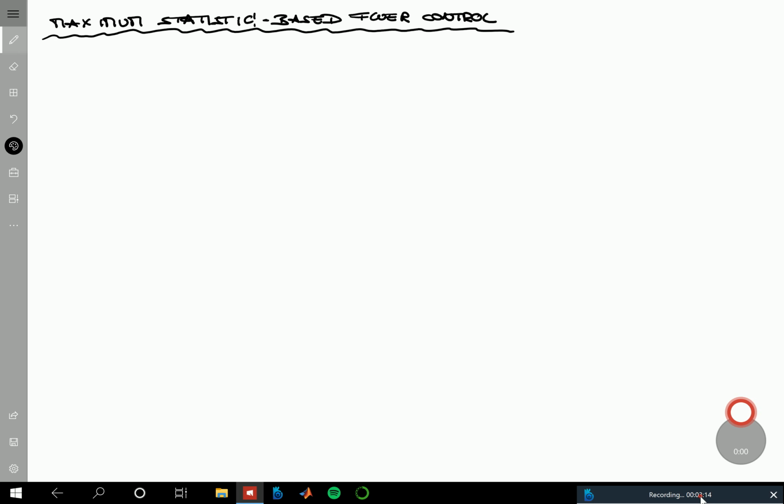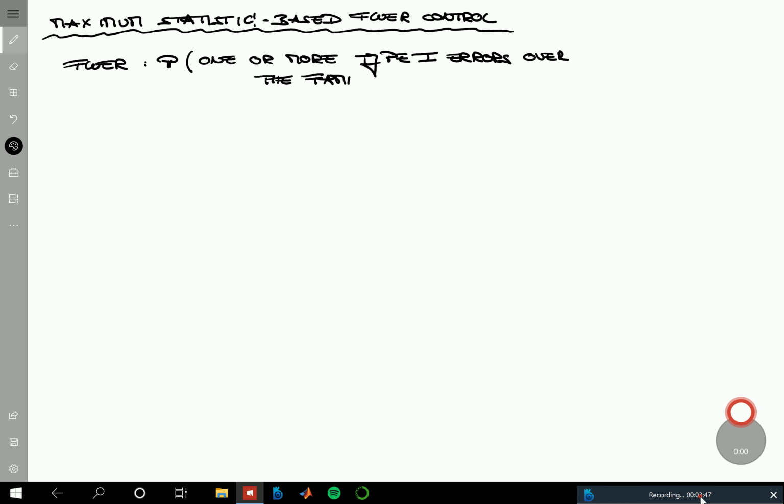So informally, the family-wise error rate is the probability for one or more type 1 errors over the family of hypotheses.